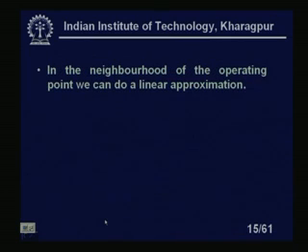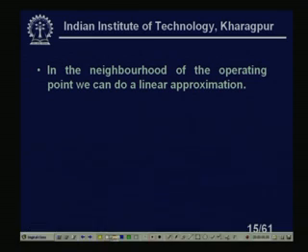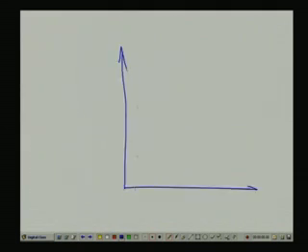In the neighborhood of the operating point, we can do a linear approximation. That means if I look at the plot, the restriction is linear.